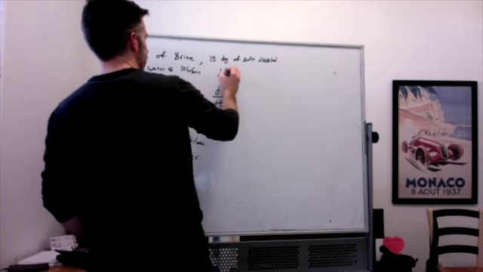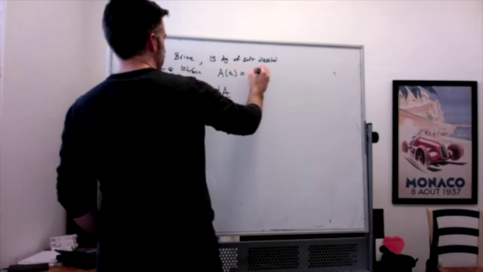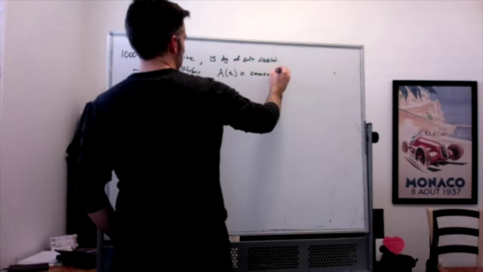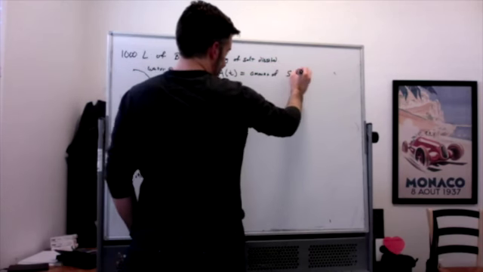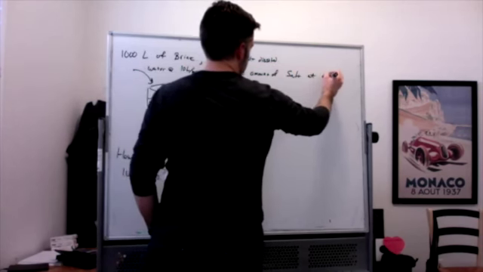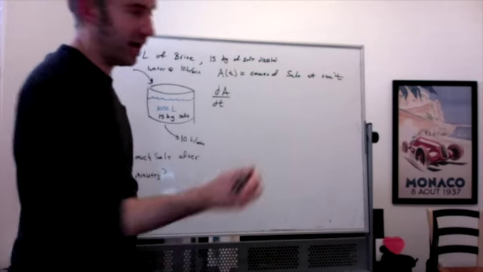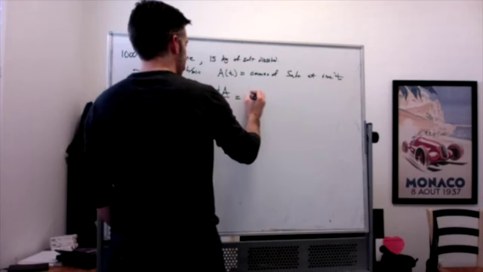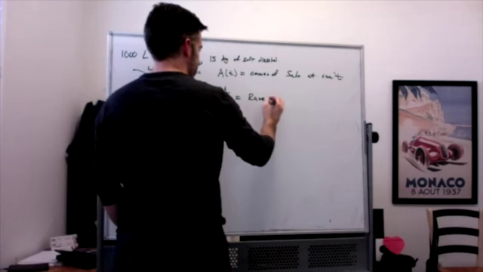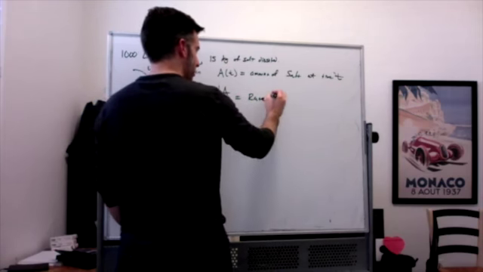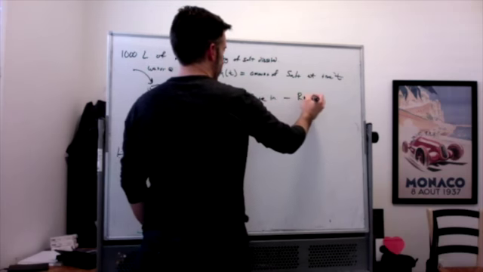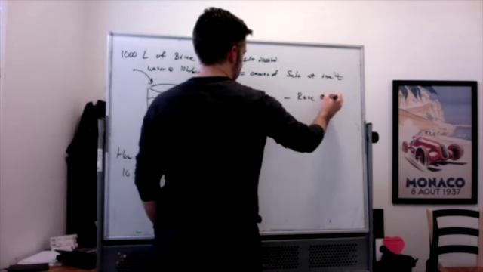So A of T equals the amount of salt, in this case, at time T. And the differential equation, I'm always thinking about it as the rate that salt is going in minus the rate that salt is going out.